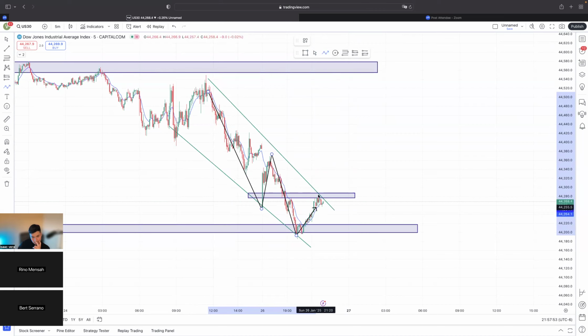After I see the price break this trend line, breaking resistance as well, and comes back and retests, that's where I would take my entry point.